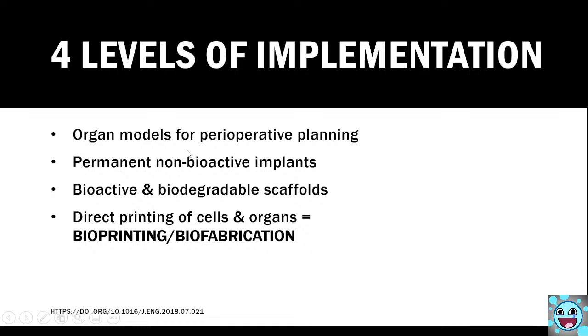And then if you have a little more expensive one, you can create implants. For example, for the total hip replacement or total knee replacement. And then you also have bioactive and biodegradable scaffolds up one level.